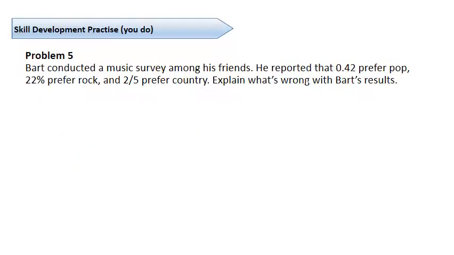Alright, problem number 5. Bart conducted a music survey among his friends. He reported 0.42 prefer pop.